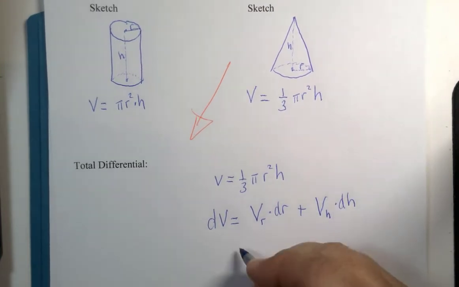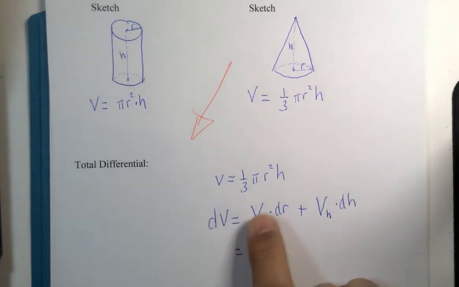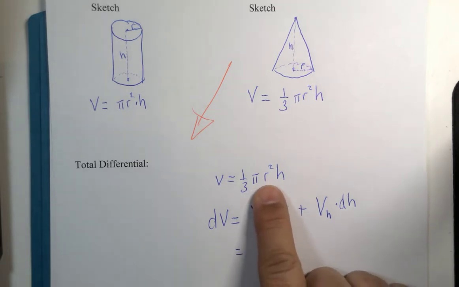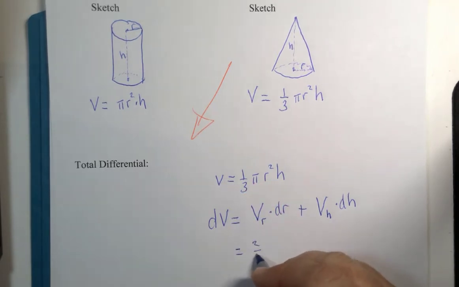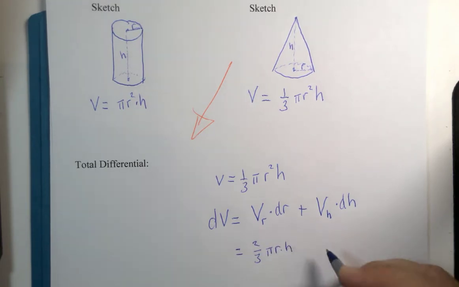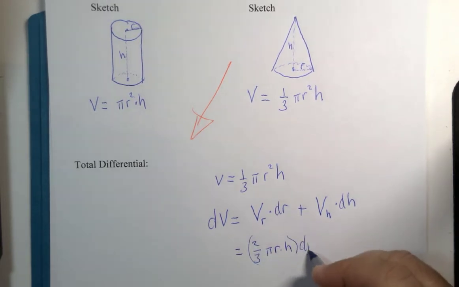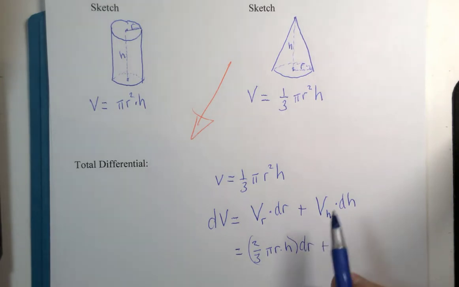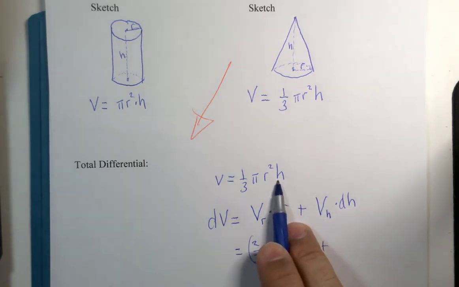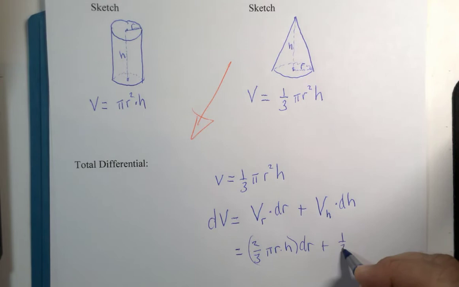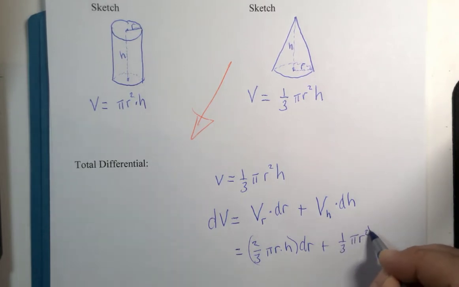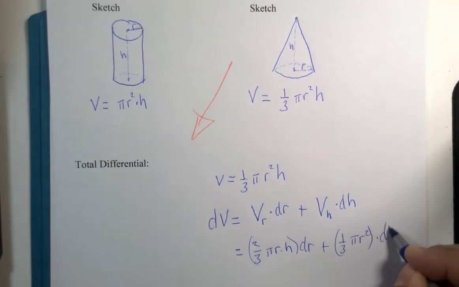And for this problem, if r is the variable, that's 2/3 pi r to the first times h dr plus, if h is the variable, derivative of h is 1/3 pi r squared dh.